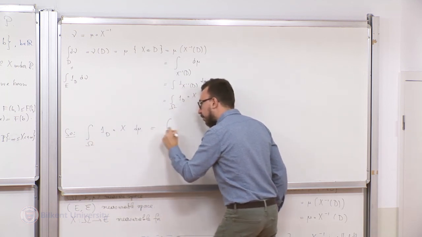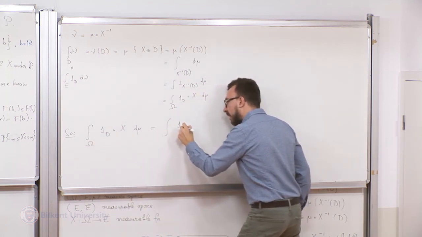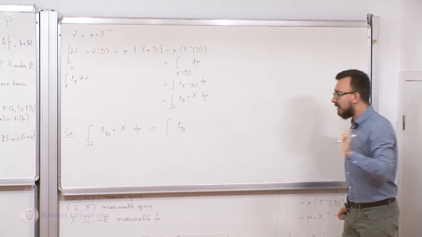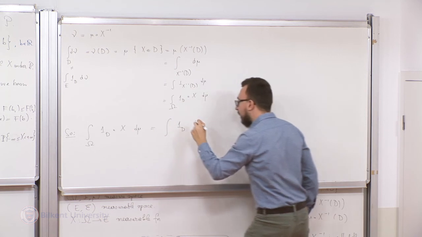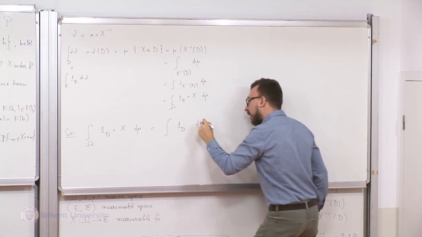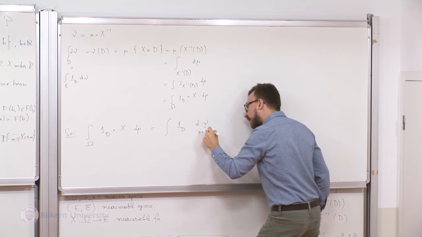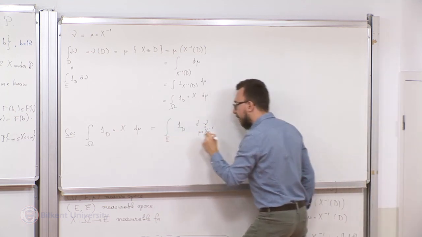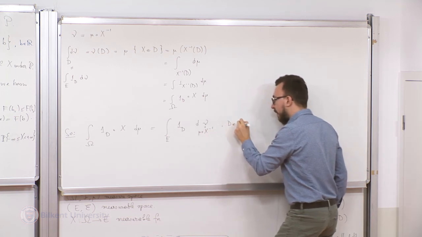This is equal to the integral of the indicator function itself, without any reference to X, and now it is d nu, which is mu of X pre-image, over the whole set E. This we have for every D.